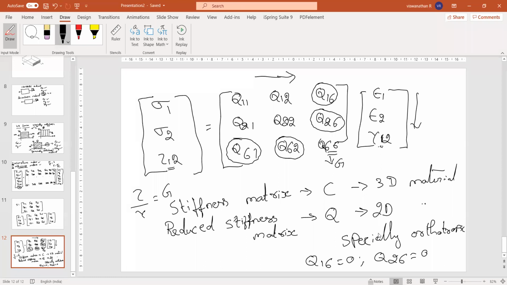Then it is generally orthotropic material, and when you apply extensional stress, you also get a shear strain. So when you apply extensional stress, if you get extensional strain plus the shear strain, then that kind of lamina is called generally orthotropic lamina. If you apply an extensional stress, you get only extensional strain, then that type of lamina is called specially orthotropic lamina.